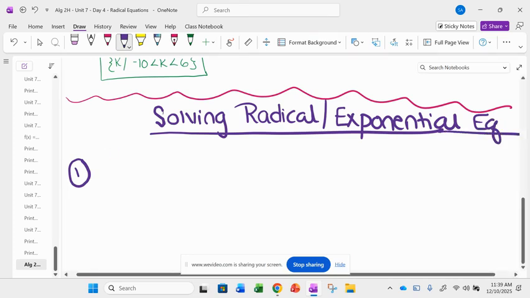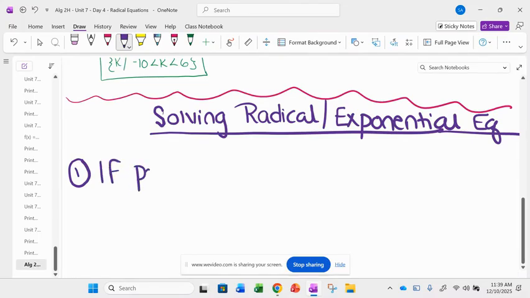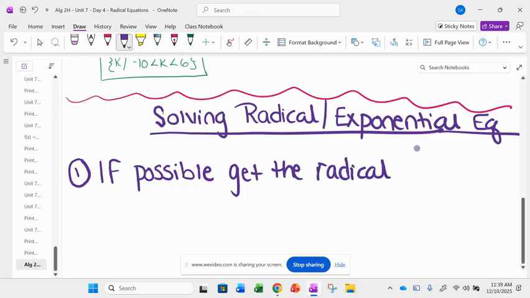Step number 1, if possible, sometimes it's not possible, get the radical by itself.